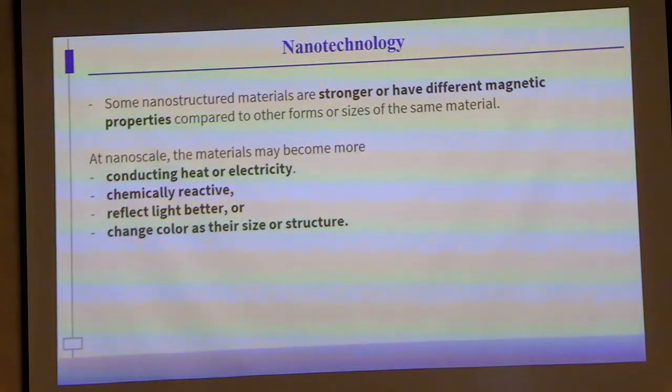Because at nanoscale, we see that quantum effect where we don't see a standard behavior of the material. And at nanoscale, we will see change in the electrical property, chemical reactivity, or for example, change in the color depending on the size. So there are many unique properties at nanoscale.